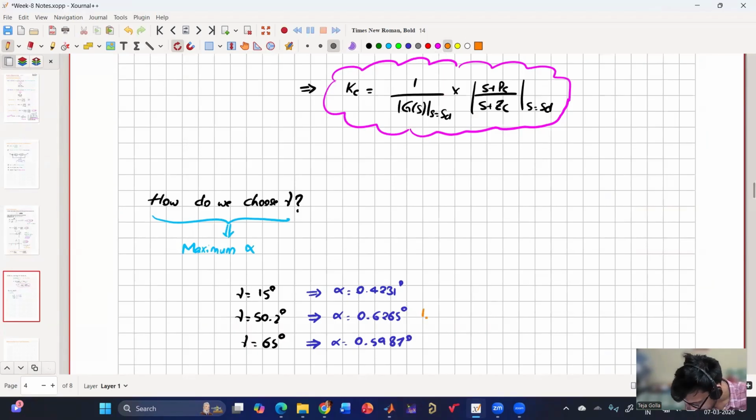And here I got the maximum value in the previous case, so this is the one I have selected. Always if I choose the maximum alpha and the gamma corresponding to that, that gives me the best response, close to the desired response.